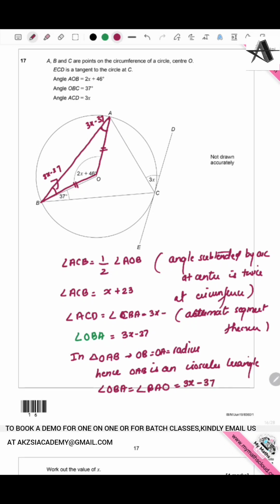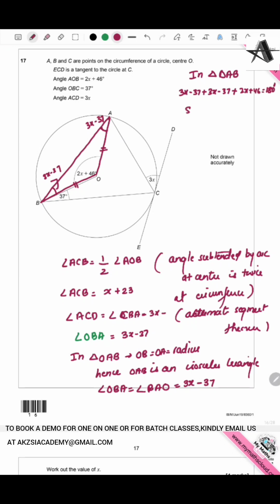Okay. Now we have all the angles of this triangle. I can apply the angle sum property. So in triangle OAB, I can say 3x minus 37 plus 3x minus 37 plus 2x plus 46 is equal to 180.